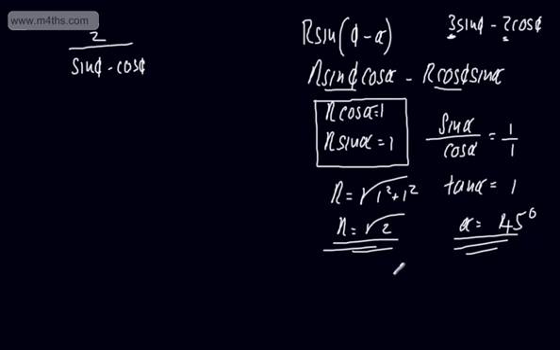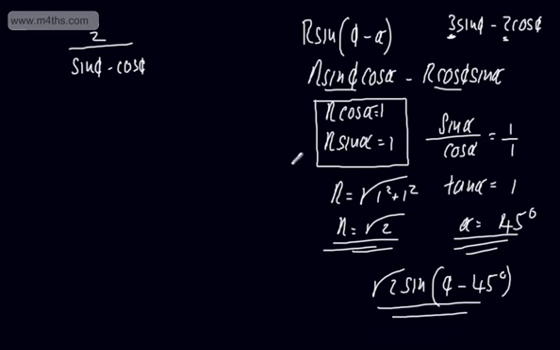So we could write this now as root 2 sine of theta minus 45 degrees. So that's now putting the denominator of this fraction in this particular form. What I could do at this stage is write that this is 2 over root 2, and then we're going to have sine of theta minus 45 degrees.